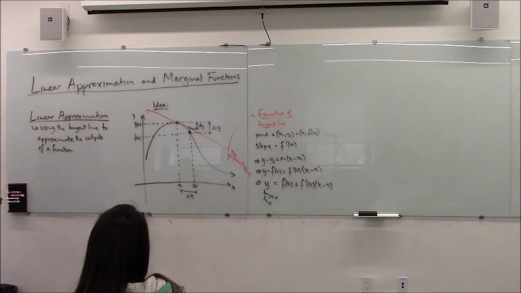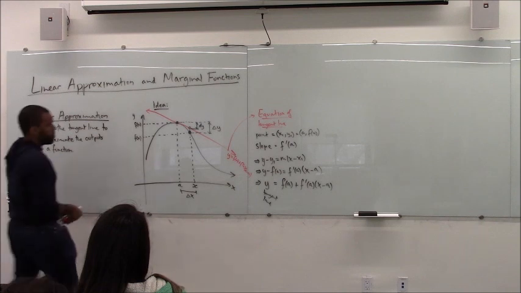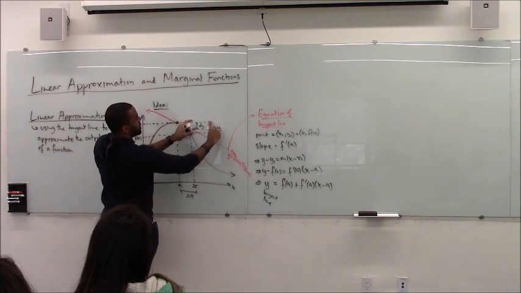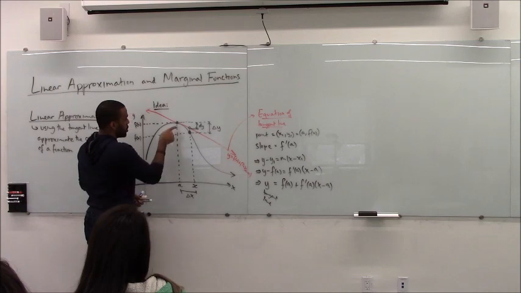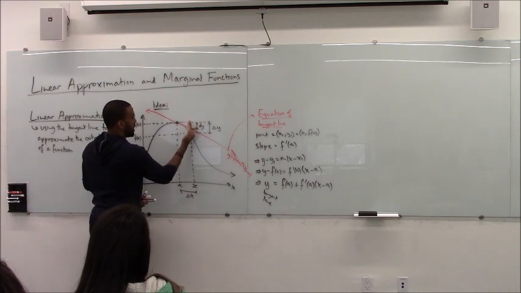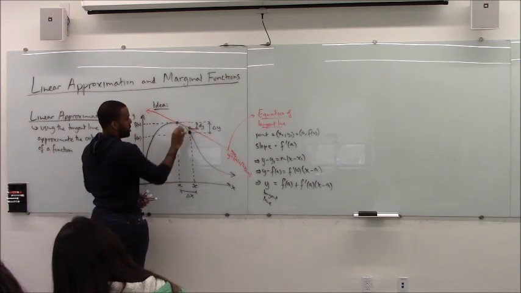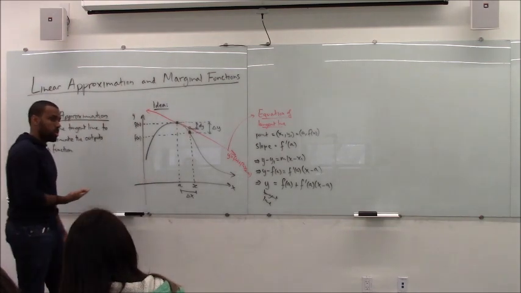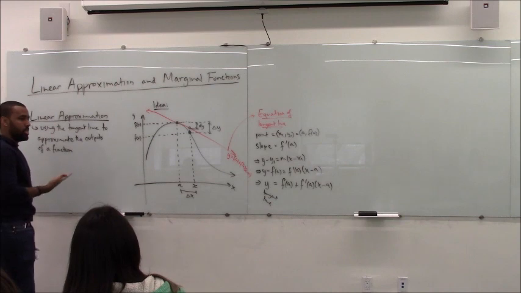And now, here's the idea. When these guys are very close, you'll notice that the differences between these two are actually going to be very small. The closer x moves to a, the difference between the tangent line and the function is going to get smaller, right? That's what a tangent line actually does.